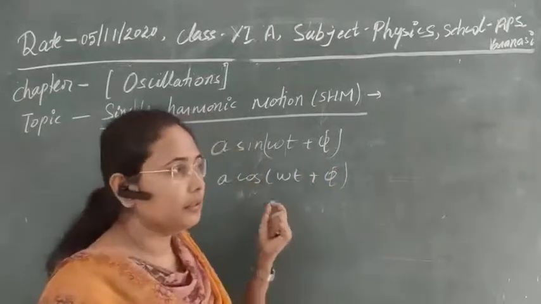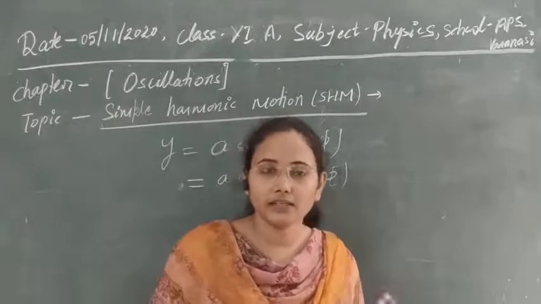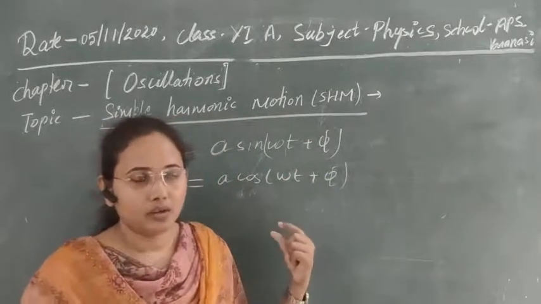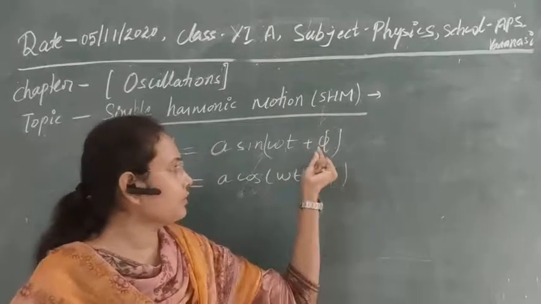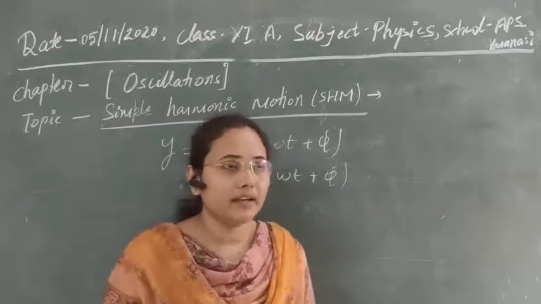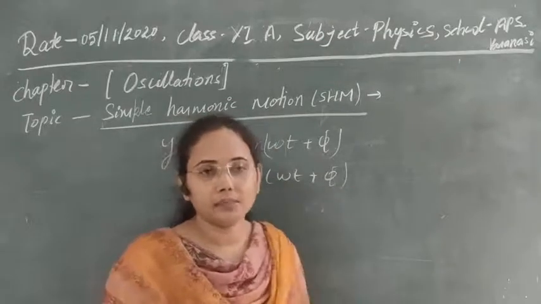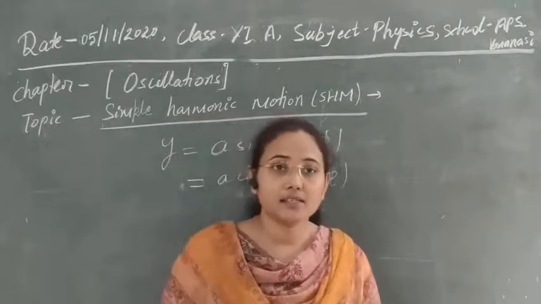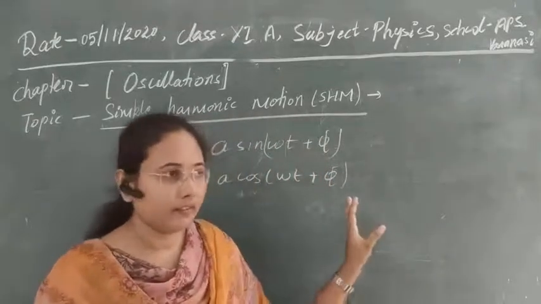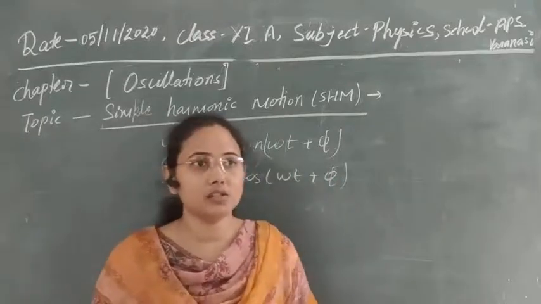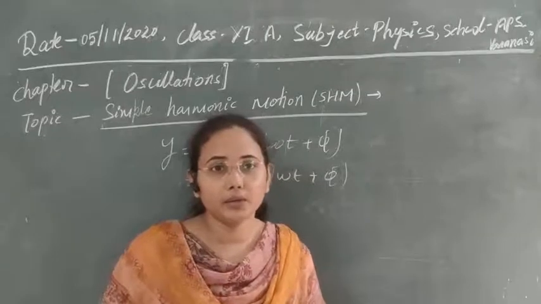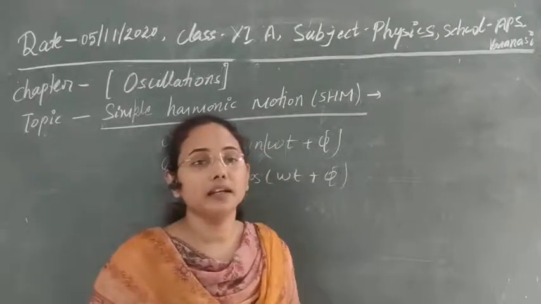As I told you, the phase differs in case of different directions. Phi can be 0 when motion starts from the origin. Phi can be positive if it has some displacement at the instant of starting, and phi can be negative if it has some displacement while starting the motion in the negative direction.